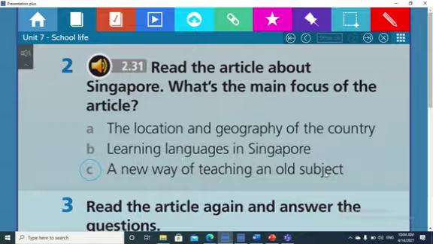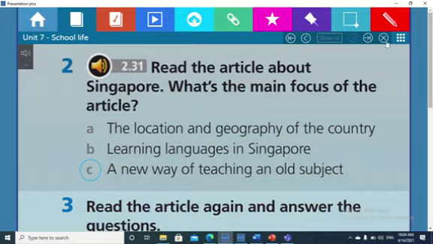So the topic should include the general idea of the text, so a new way of teaching an old subject. So here the text is designed to talk about a subject, which is maths. That's why we choose C, not A. Of course we mentioned the location and we talked in one paragraph about learning languages, but it's not enough to say that this is the focus of the article.